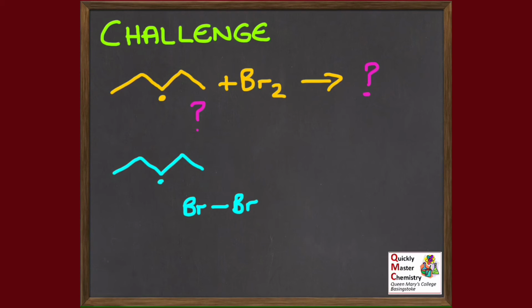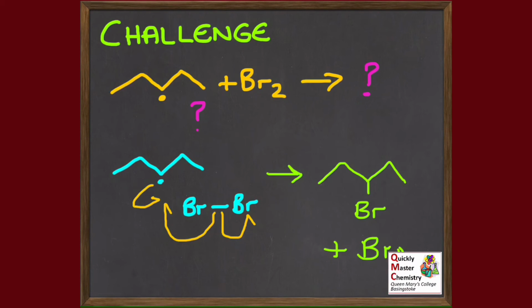So if we take the two reacting species, this is going to be a propagation step, a radical reacting with a molecule, snatching an atom away. It can use its unpaired electron to form a bond to the bromine, with the bromine-bromine bond breaking in the way shown. That's going to give us what is actually 3-bromopentane and a bromine radical, so a propagation step.